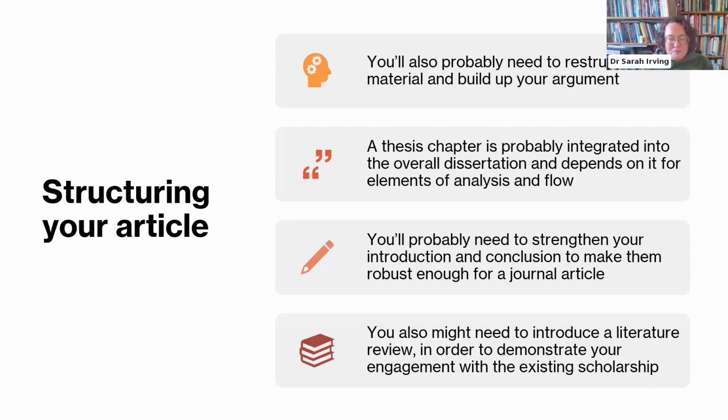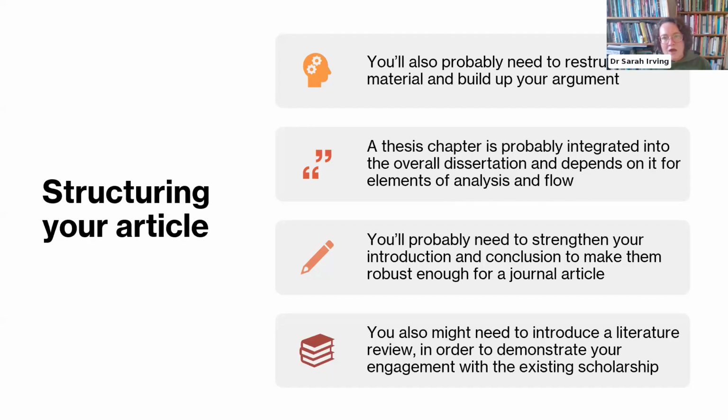And you'll need to do a sort of mini version of that in the article in order that your readers see why the article is worth reading, what it contributes to the scholarship, what is new about it, what it tells us about the subject that other scholars haven't already said.